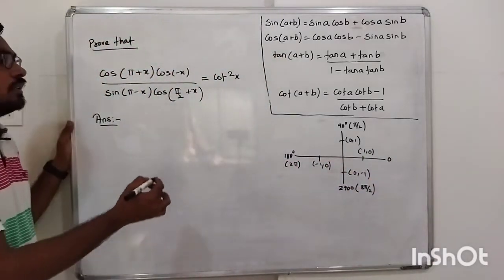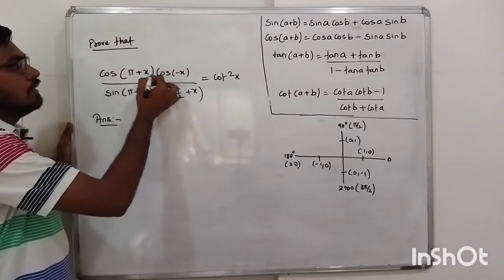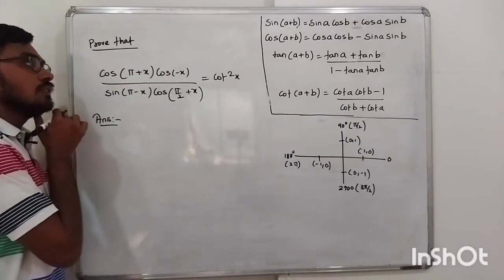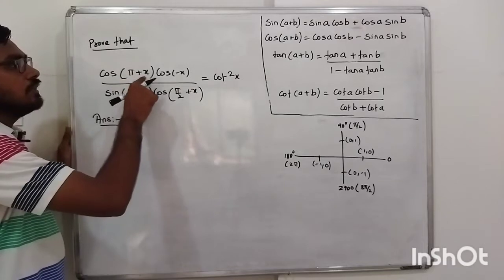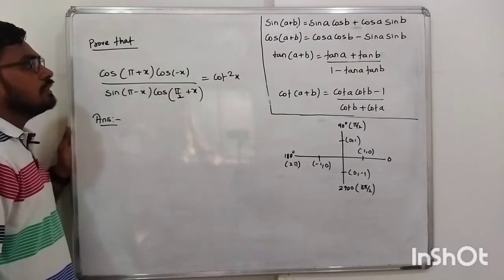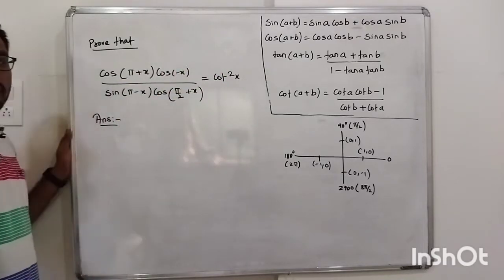Next, cos of pi plus x. So you can substitute in that formula and find the answer of this cos of pi plus x.